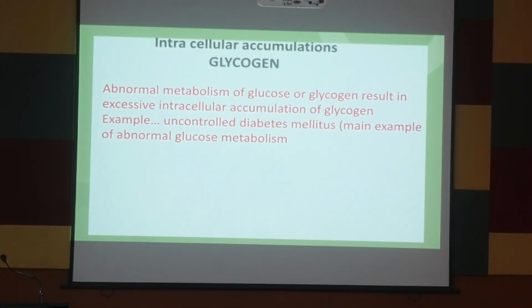Now intracellular accumulation of glycogen: abnormal metabolism of glucose and glycogen results in excessive intracellular accumulation in uncontrolled diabetes mellitus. Okay, so whenever carbohydrate metabolism is altered, the most important disease in our common practice of defective carbohydrate metabolism is diabetes mellitus.